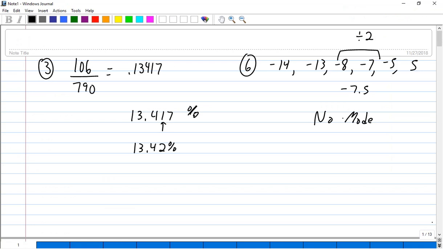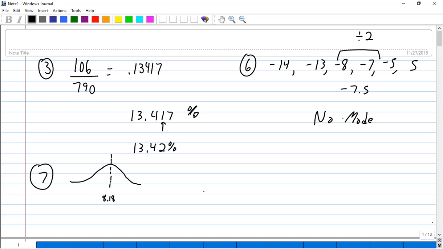So if I draw a picture of a bell-shaped curve, right here in the middle is where our mean is, 8.18. That's not the same as a z-score. That's just the mean of the set of data.